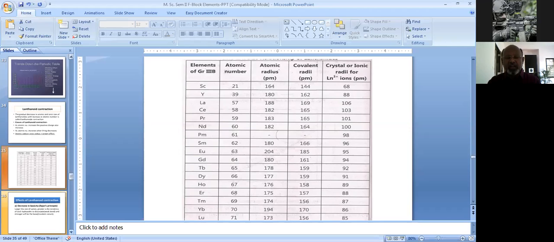This is also a pathway to separate all the lanthanide ions from one another, because we know that all the 15 members occur together. They have almost similar chemical properties. Because they occur together and have almost the same chemical properties, scientists in the early days thought about how to separate all these members from one another.